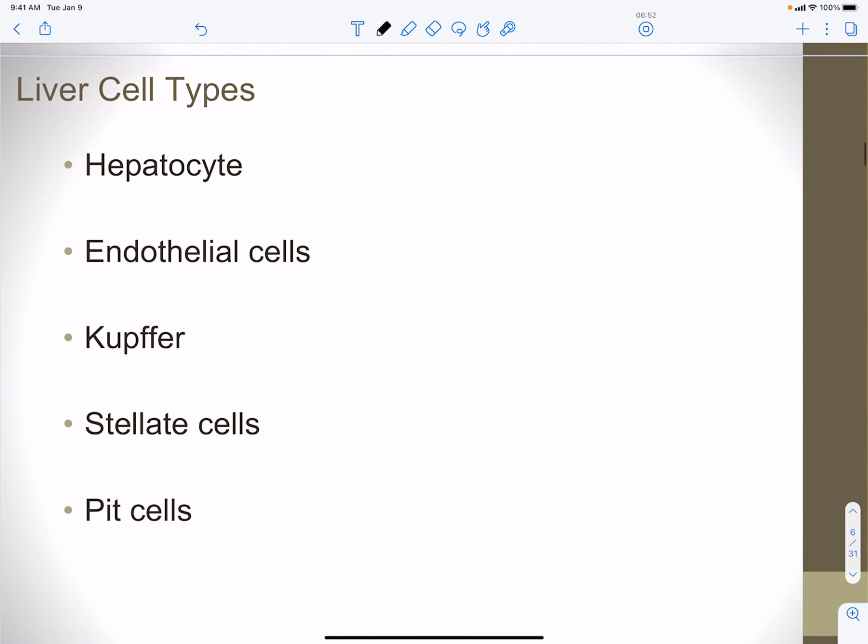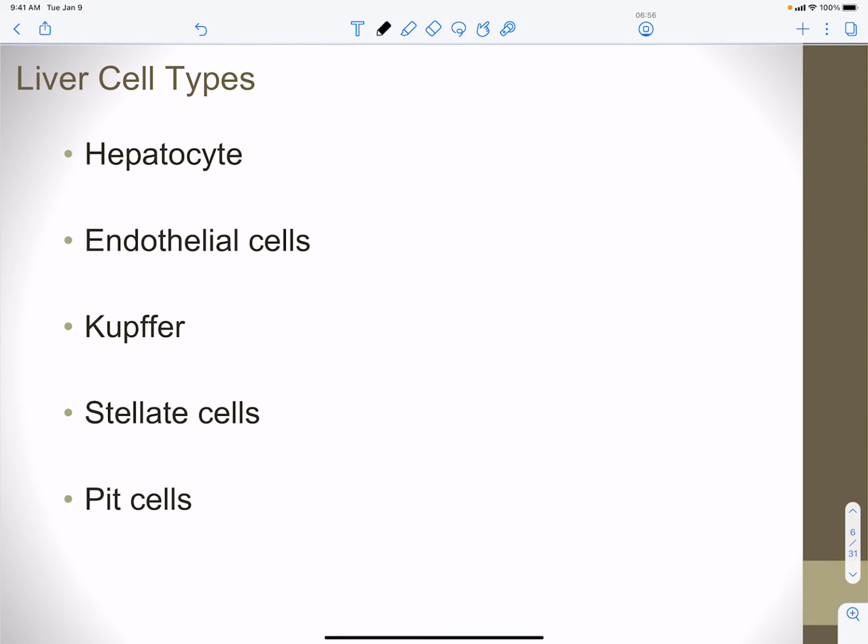So now we want to talk about the different cell types in the liver. So the primary cell type is going to be the hepatocyte. And the hepatocyte is also called the hepatic parenchymal cell. And other cells are going to be non-parenchymal cells, and these are going to be linings of the walls of the sinusoids primarily.